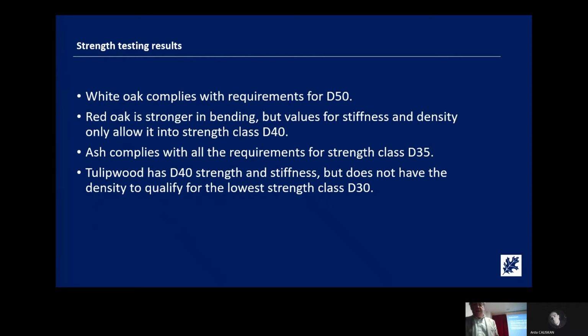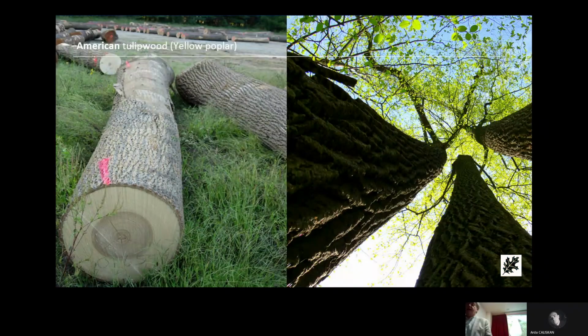Okay, so it couldn't qualify because of its density for even the lowest strength class for a hardwood of D30. But it would make the strength class, basically, it would be equivalent to C50, the highest strength class that you can get for a softwood.